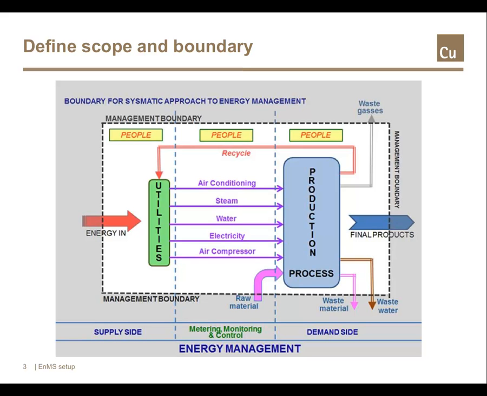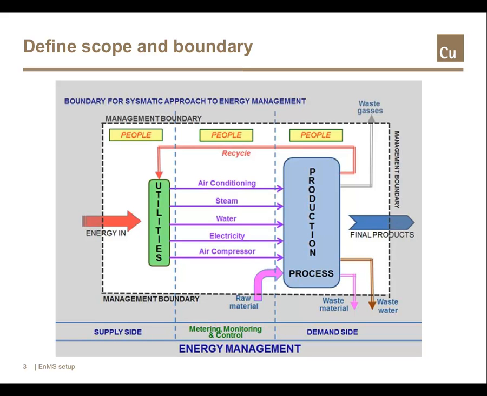On the supply side, utilities convert raw energy into energy forms that can be readily consumed, such as temperature-conditioned air and water, steam, treated water, electricity or compressed air. On the demand side, the energy is used in the production of business outputs. Every business output, including materials, requires energy inputs in its processing.